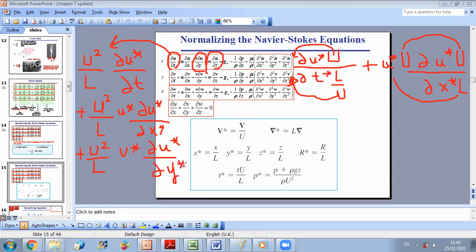Similarly for the last term, it should be in the following form: plus U square over L times W star times del U star by del Z star.